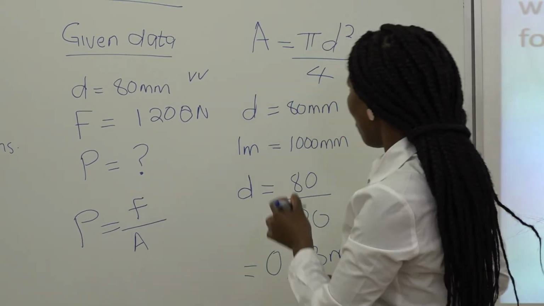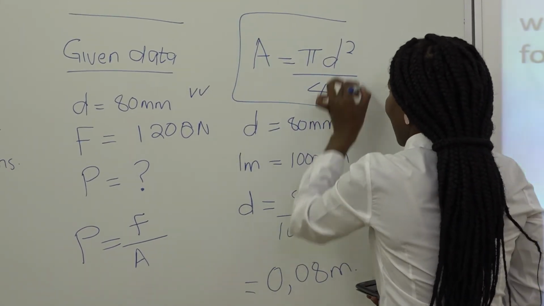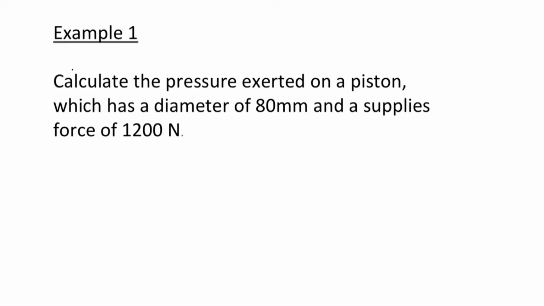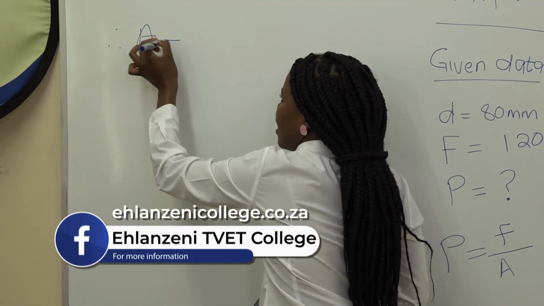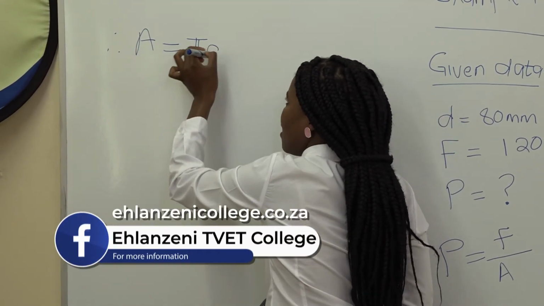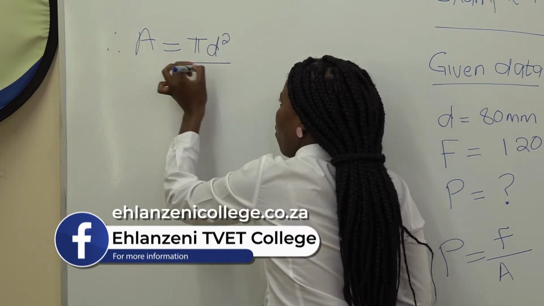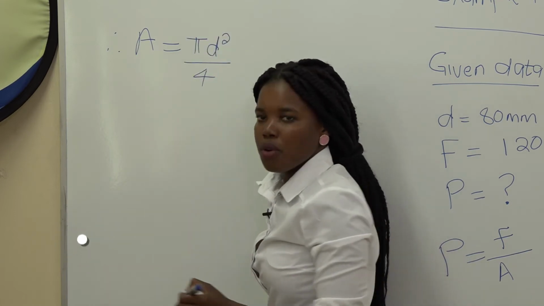Now, we want to calculate the area. Therefore, your area is said to be pi d squared all over 4.